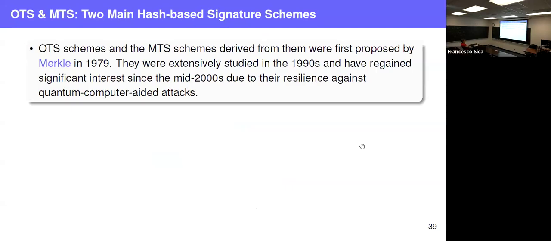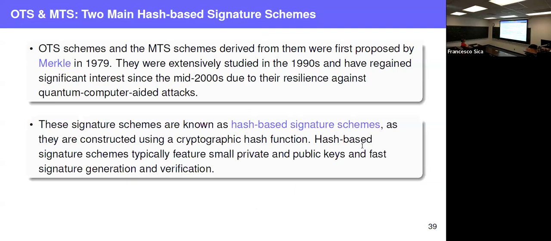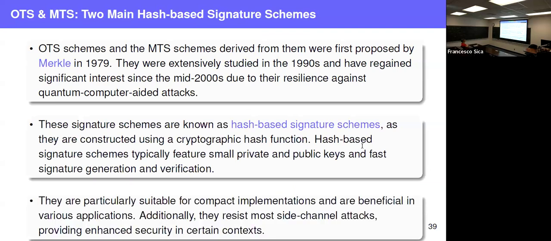There are two main types of hash-based signatures: one-time signatures and many-time signatures. One-time signature schemes can only sign exactly one message per key pair. It means that when we use a key pair, we are not allowed to reuse it at all for signing any other messages.